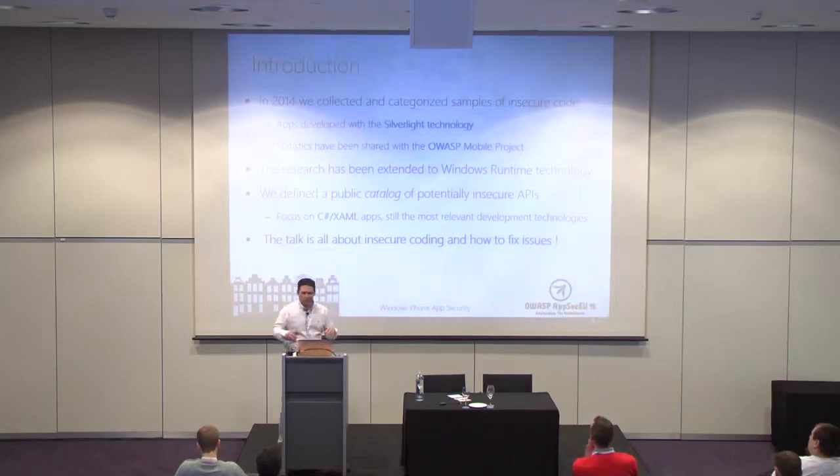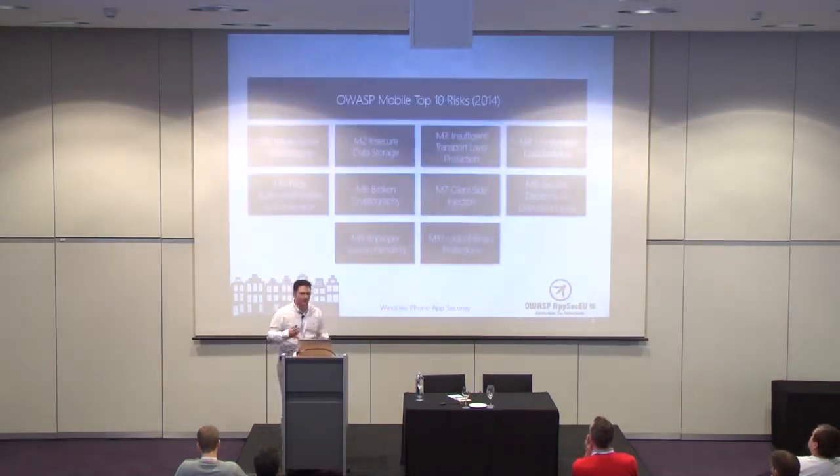So this talk is all about the result of the study, and I will use as a driver the top 10 list for 2014 because the one for 2015 is not yet ready. And so let's start with the first risk.